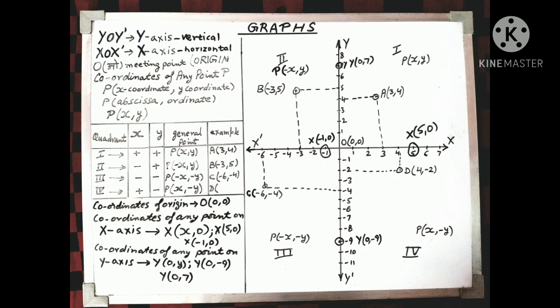What you do is drop a perpendicular from point A on the x-axis to get the x coordinate, and from point A drop a perpendicular on the y-axis to get the y coordinate, and you can easily find the point, that is A(3, 4). This you can try for any point, right?